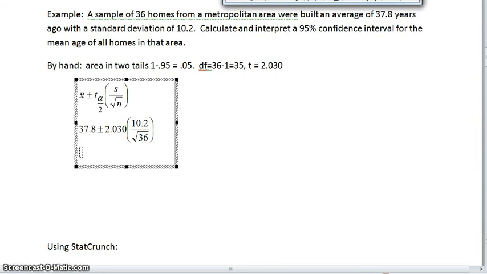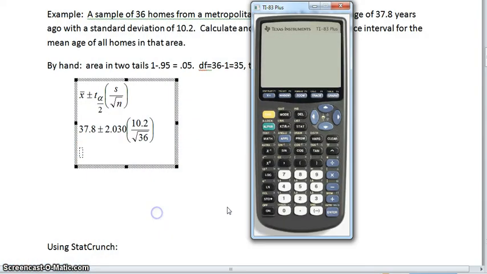So if we do that on the calculator, you can do that all in one step if you want to. 37.8 minus 2.030 times 10.2 over the square root of 36, that's just 6.